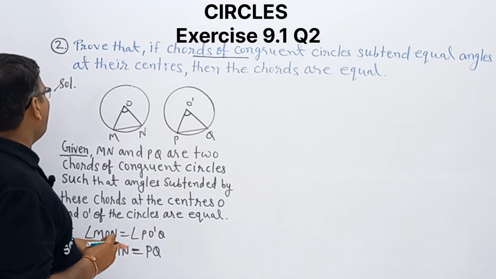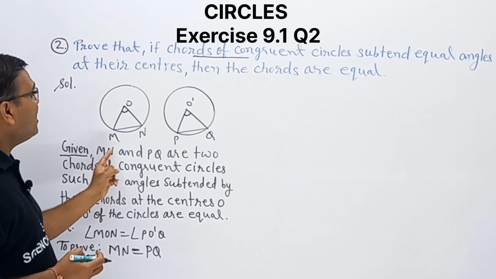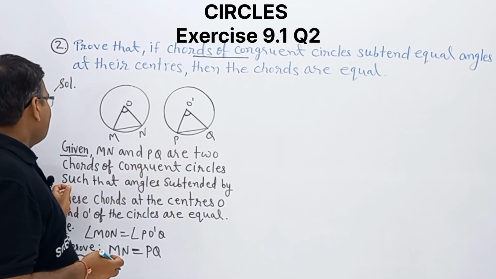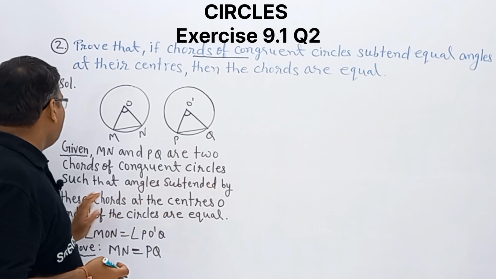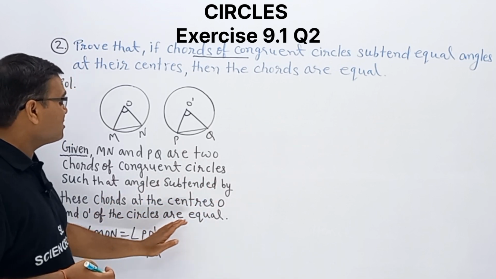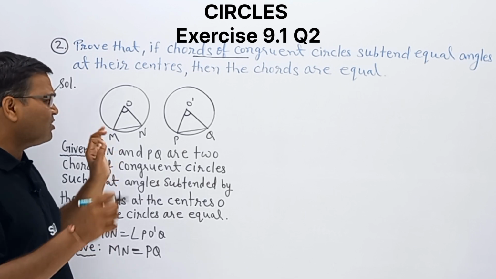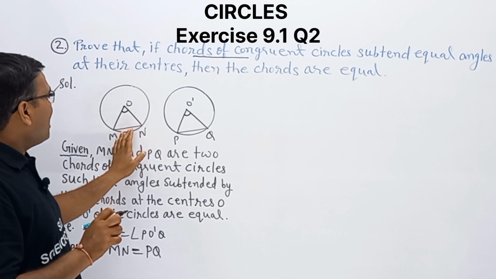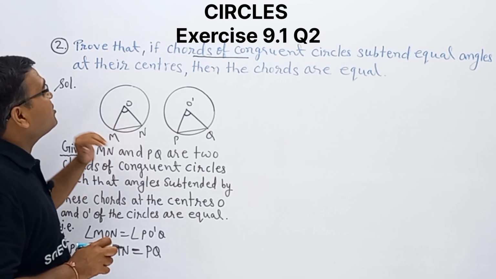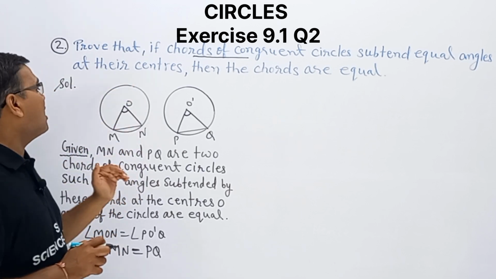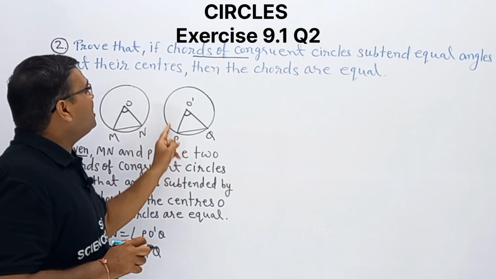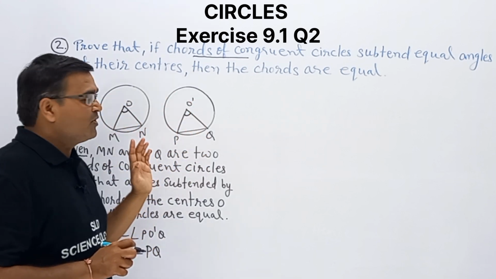So in the question the given things are: MN and PQ are two chords of congruent circles such that the angles subtended by these chords at the centers O and O' of the circles are equal. Simple. MN and PQ are chords and the angles subtended from these chords are angle MON and angle PO'Q.